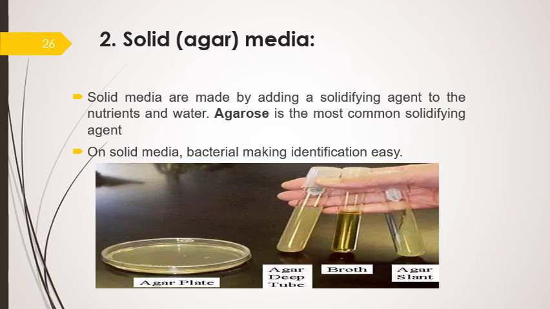In solid media, bacteria have a very distinct morphology and colonies that exhibit many different characteristics or features, such as their color and the different shapes of their colonies. So we can easily identify the various colonies or various specimens of microorganism in solid agar media.